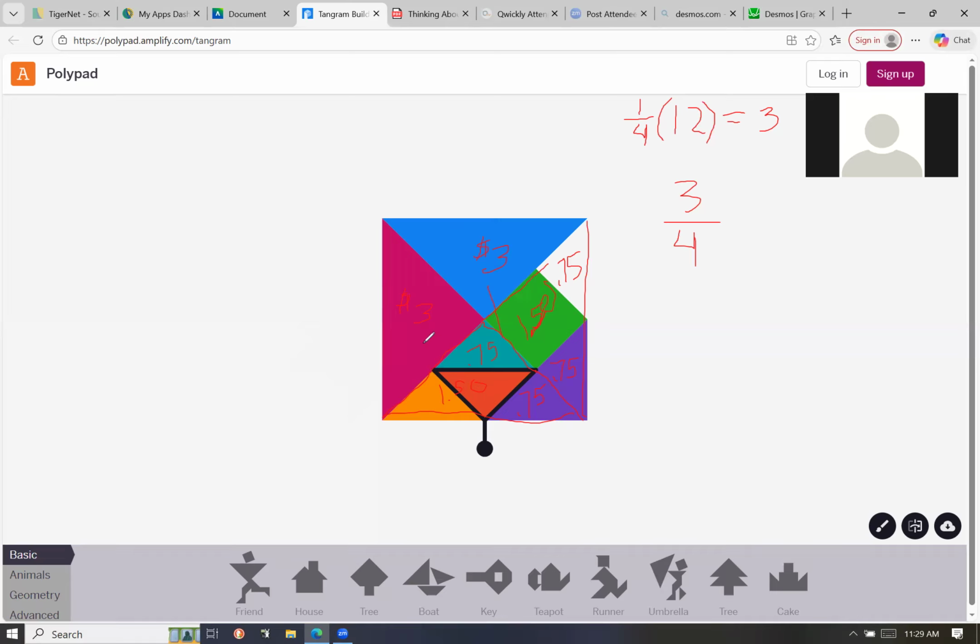So that means this little triangle right here is actually the fraction 1/16. So we could write this as 1/16.